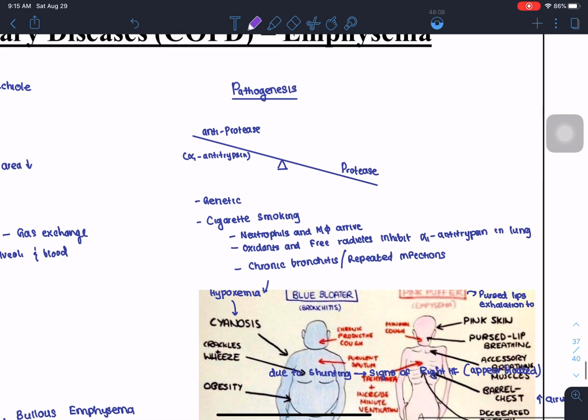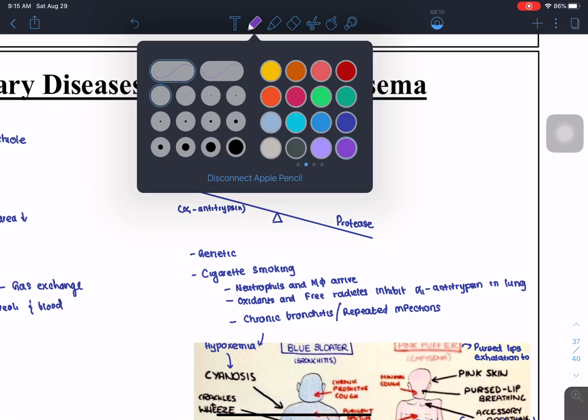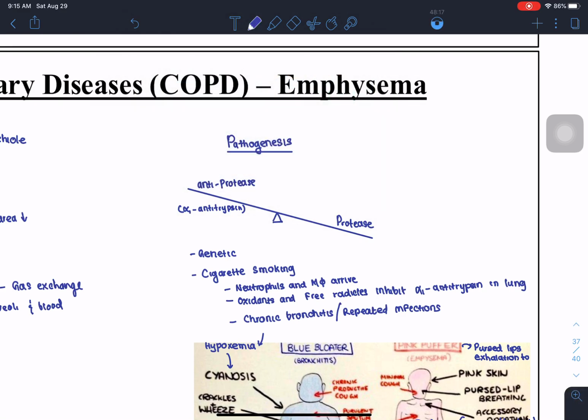Pathogenesis. How does emphysema happen? This is a deficiency, a defect in the antiproteases. What are antiproteases? They stop the breakdown of proteins. And what are walls made out of? What is our body's main constituent?